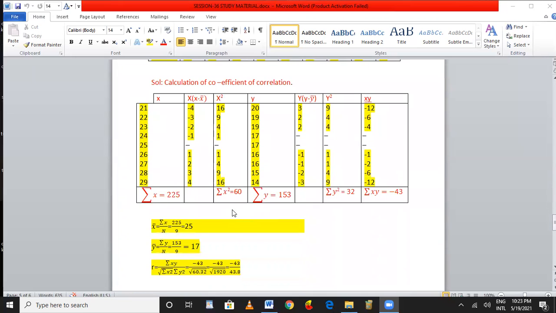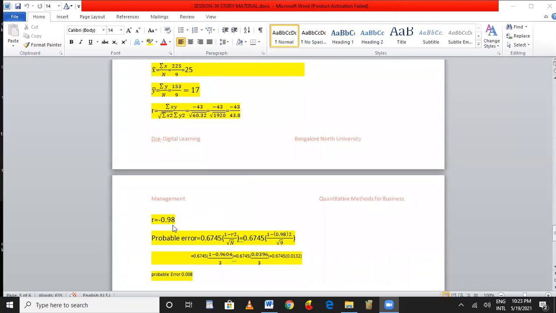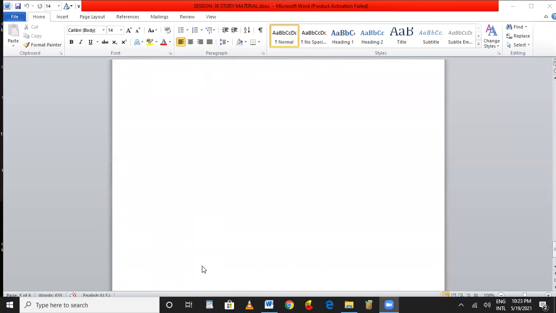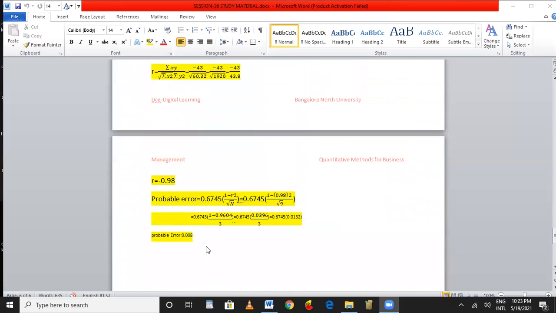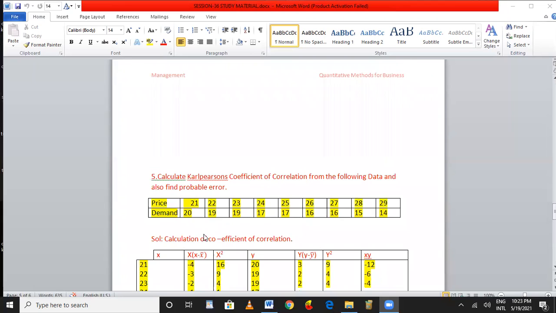Here the correlation is minus 0.98. Then we simplify so that we get the probable error as 0.008.